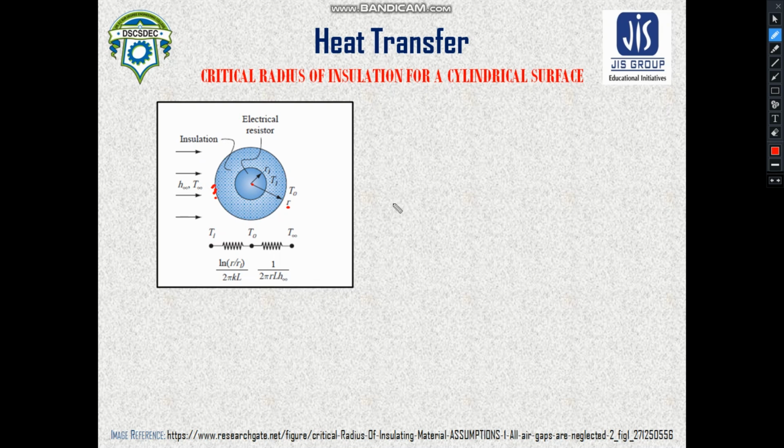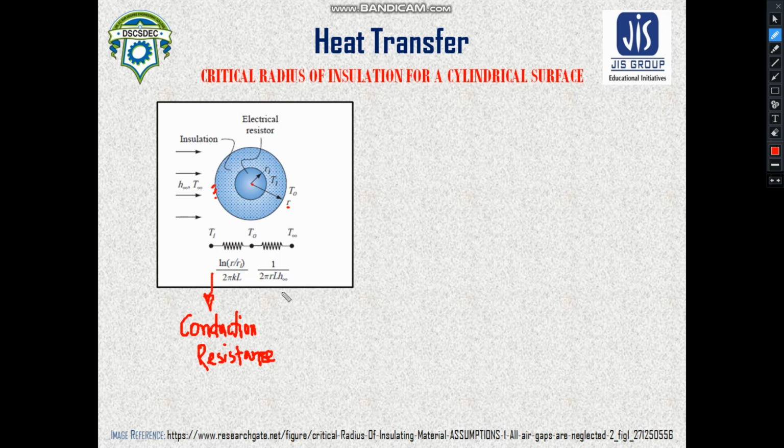Now let us concentrate on this. So this is your conduction resistance, right? If you remember the thermal resistance for cylindrical coordinates, then this is your conduction resistance, and the term right next to it is nothing but the convection resistance.